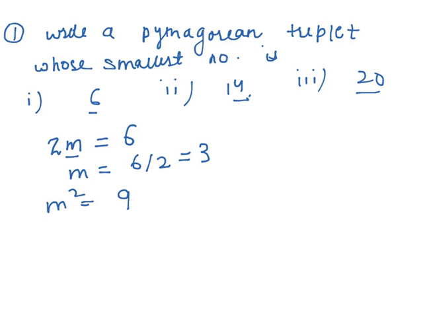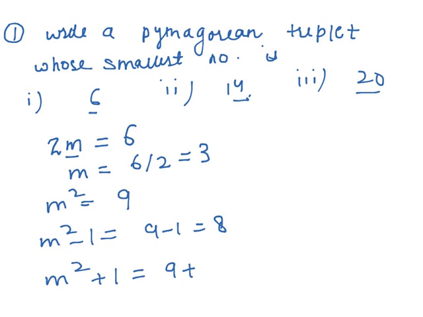The other two numbers will be m square minus 1, which gives 9 minus 1 is 8, and the third number is m square plus 1, that is 9 plus 1, which is equal to 10. So the three numbers that we have are 6, 8 and 10, because they are 2m, m square minus 1 and m square plus 1.